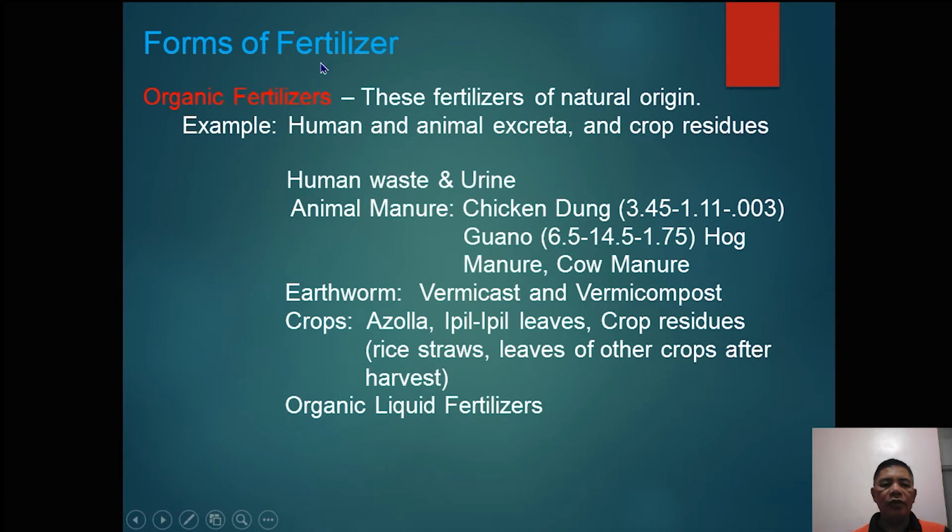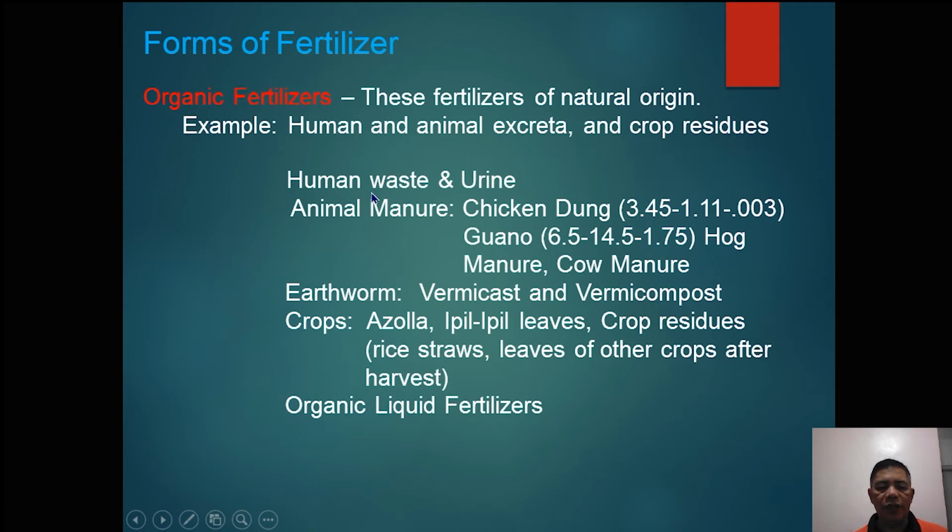Fertilizer can be of two forms: the organic fertilizers and the inorganic fertilizers. Organic fertilizers are fertilizers of natural origin. Examples are human and animal excreta and crop residues.